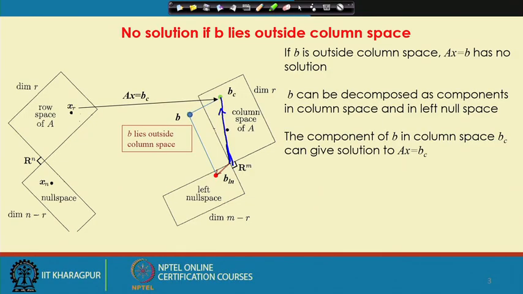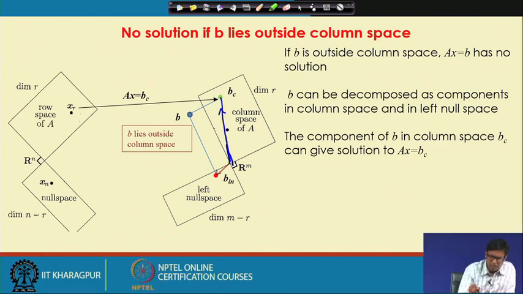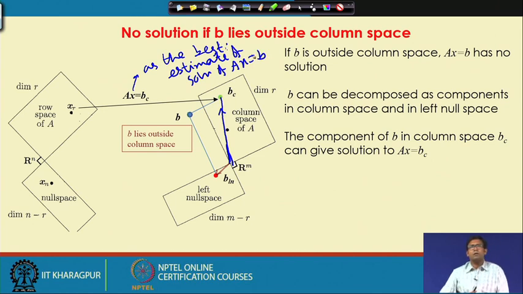And what we will do here is call this solution, this x, the best estimate of the solution of Ax = b. Ax = b_c, the solution of that can best estimate the solution of Ax = b.